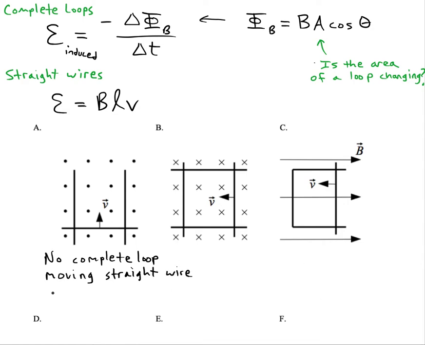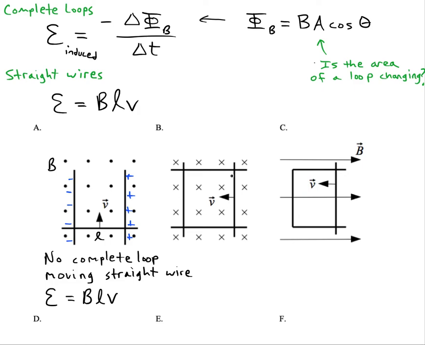And so it would induce a voltage equal to BLV, where B is the strength of the magnetic field, L is the length of the wire, and V is, of course, the velocity of the wire. When a potential difference is created, we use the right-hand rule to decide which side gets the positive charge and which side gets the negative charge. But there won't be a current in that case.